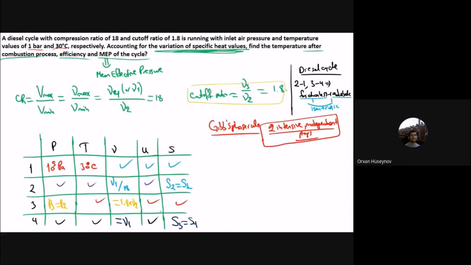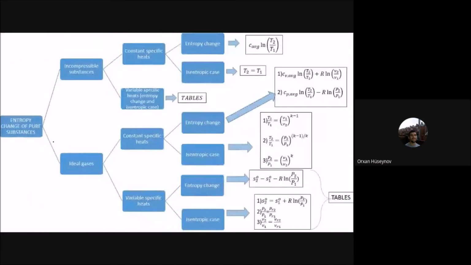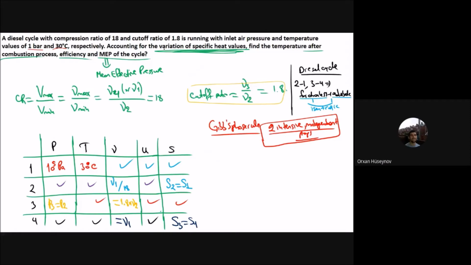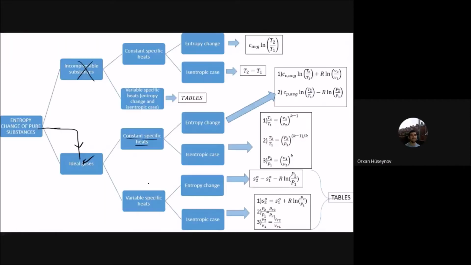Now let's find it. We have to use the table for the entropy values and the entropy change of pure substances, and I'm not looking for the incompressible ones, I'm looking for the ideal ones. And from those ideal ones, you should have the constant specific heats or the variable specific heat. The question says to consider variation of specific heat values, so you go to that.